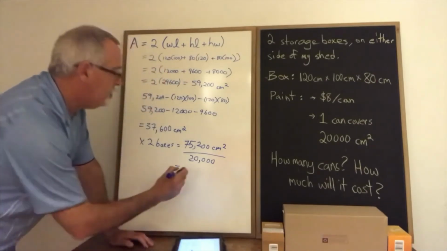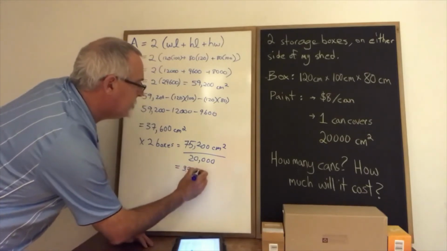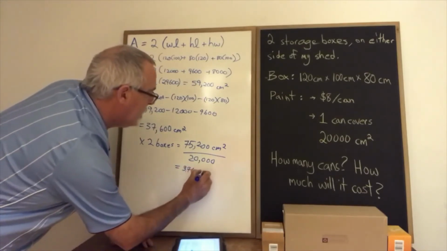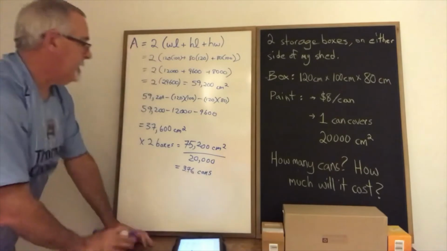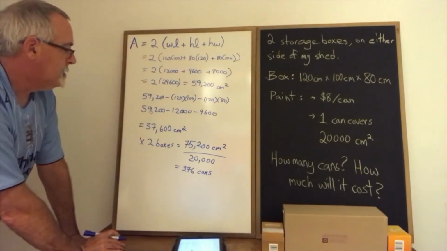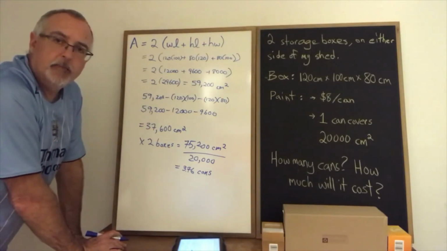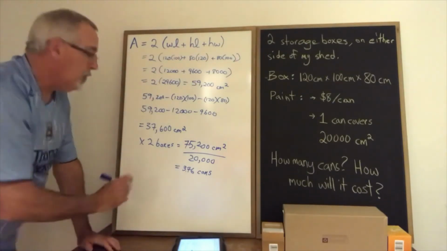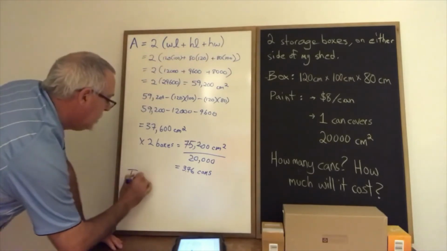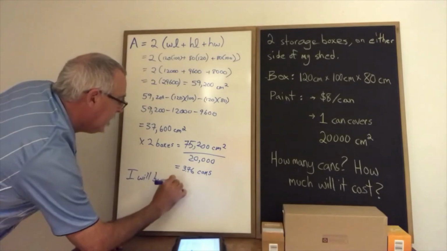And I get 3.76 cans of paint. I can't buy 0.76 of a can of paint. So that means I'm going to have to buy 4 cans. So my answer, I will buy 4 cans.